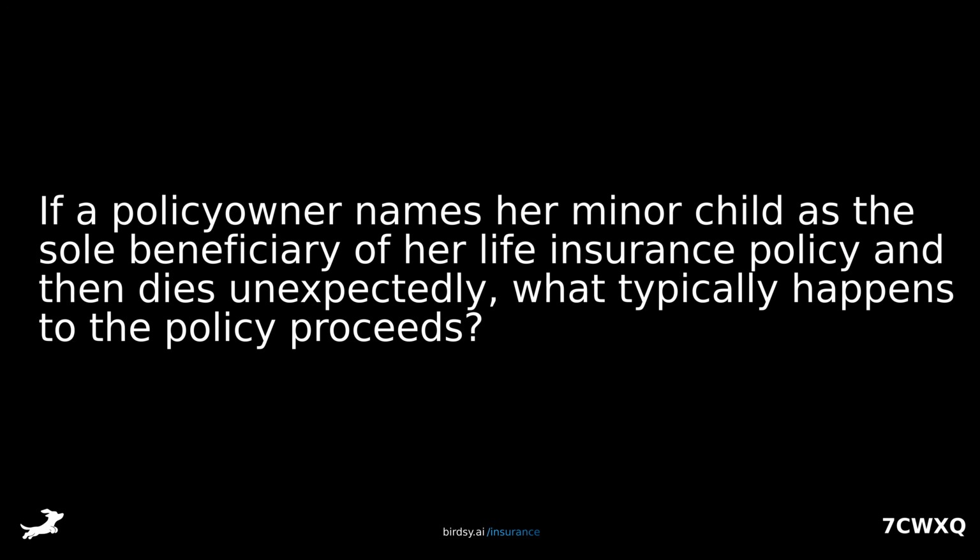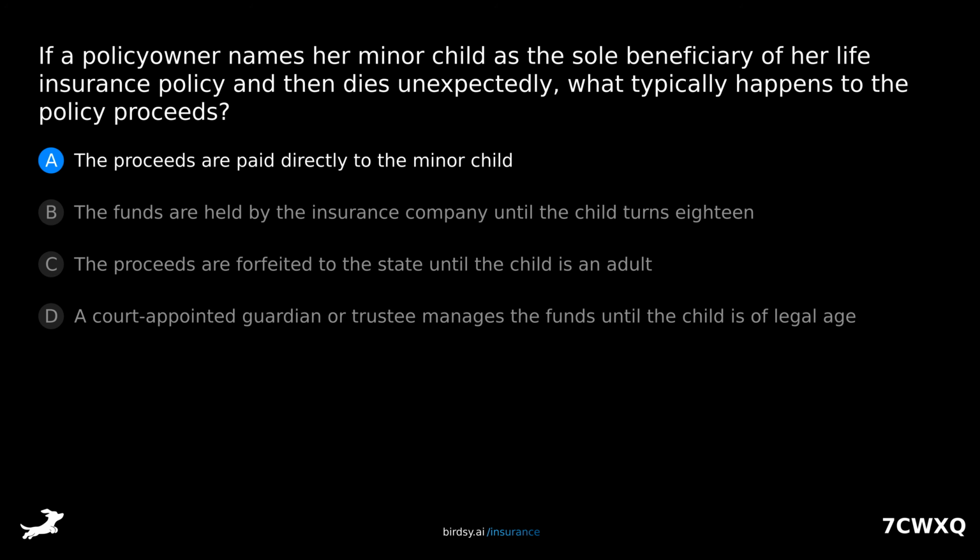If a policy owner names her minor child as the sole beneficiary of her life insurance policy and then dies unexpectedly, what typically happens to the policy proceeds? Is it A, the proceeds are paid directly to the minor child? B, the funds are held by the insurance company until the child turns 18. C, the proceeds are forfeited to the state until the child is an adult.